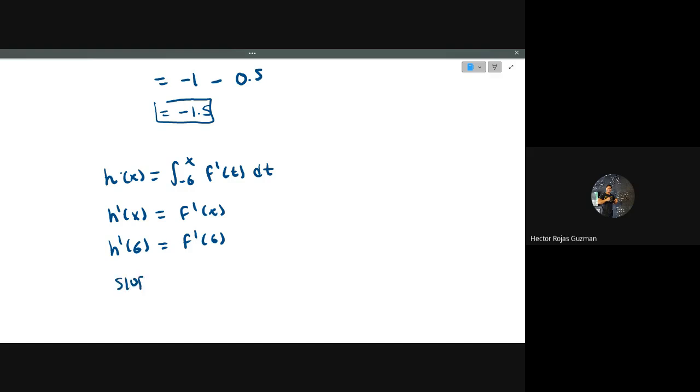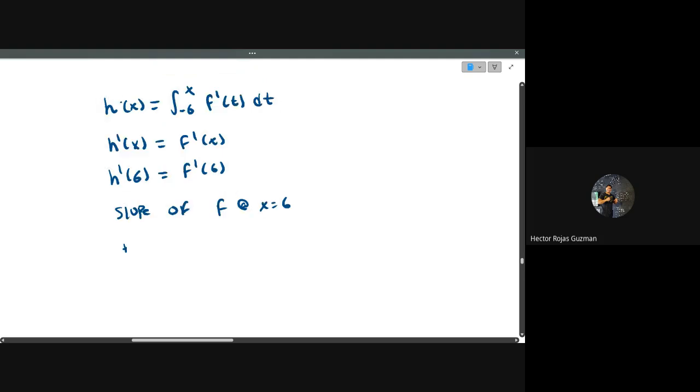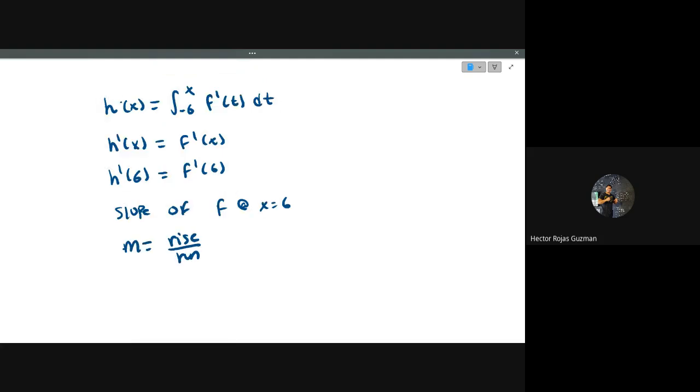So we need to look at the slope of f at x equals 6. Now, if you look at the slope right there, we have a linear function. So the slope is basically just going to be the rise over the run. Once you calculate that, it looks like for any given point, the rise is going to be negative 1 and the run is 2. So we have negative 1/2.